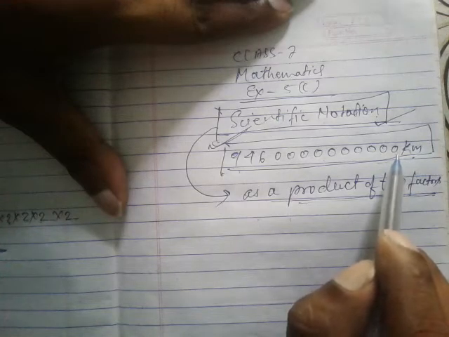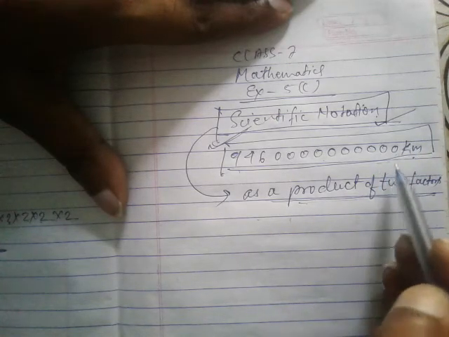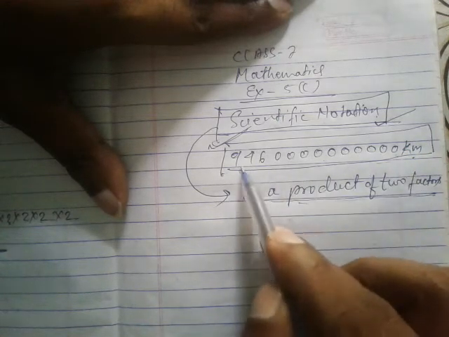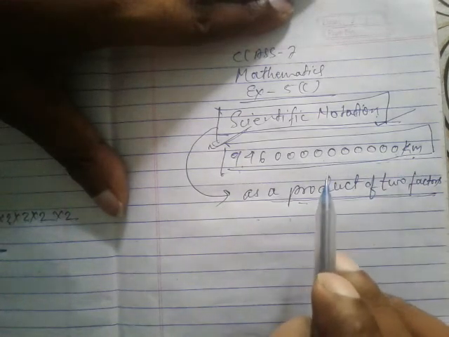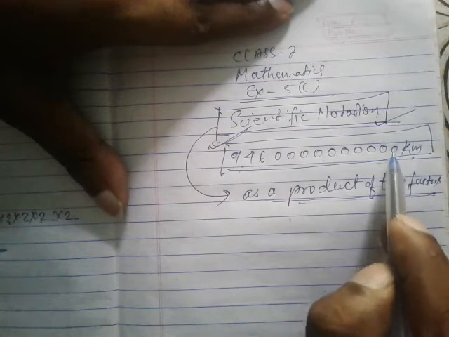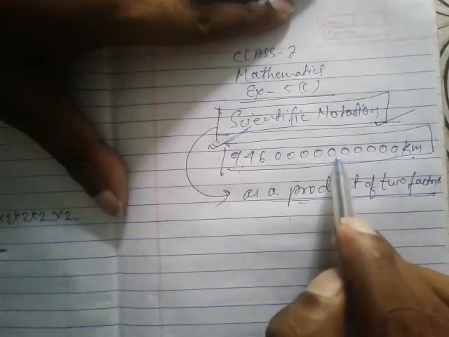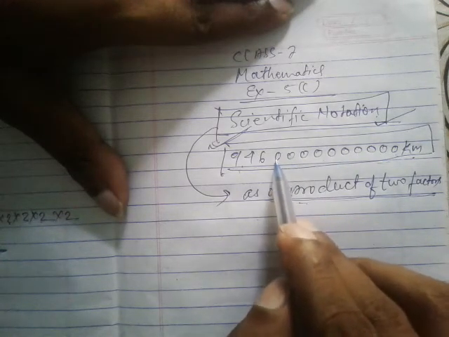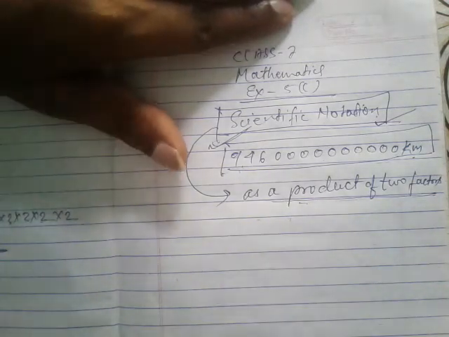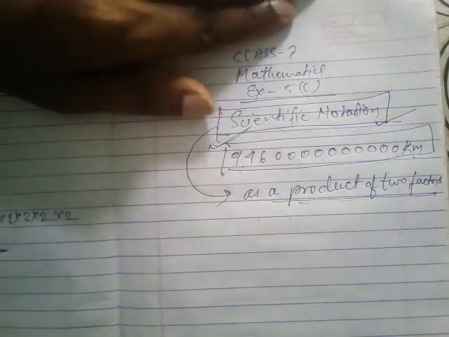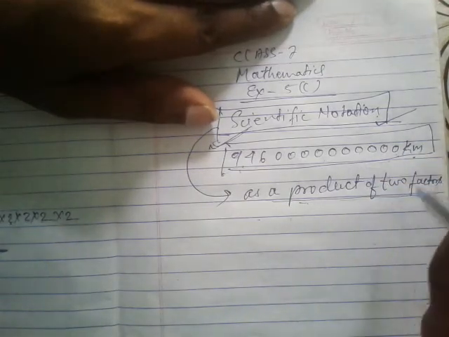First of all, count how many numbers are given here. 1, 2, 3, 4, 5, 6, 7, 8, 9, 10, 11, 12, 13. 13 numbers are given here, 13 places.